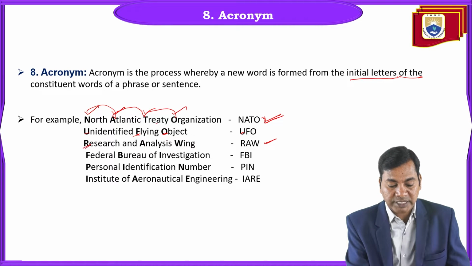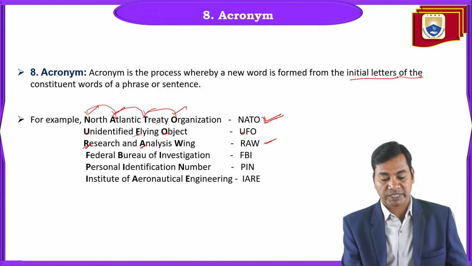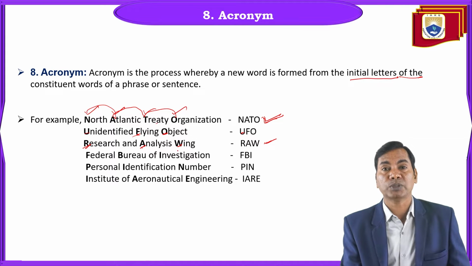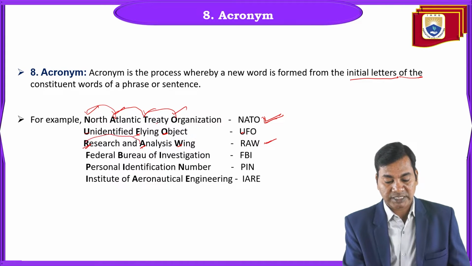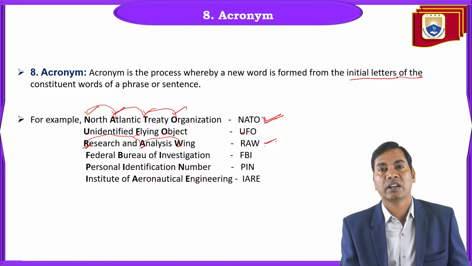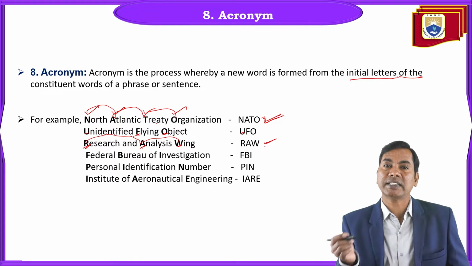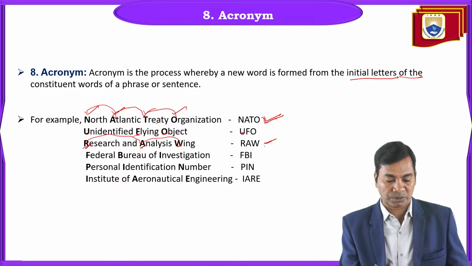In the word research, I took R, and in the word analysis, A, the initial letters of each word, right? And in wing, W. So by combining the initial letters of these three, we've got the acronym RAW. So an acronym is the process of writing a word by taking the initial letters of each word.